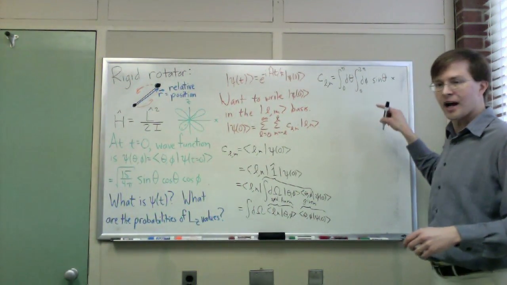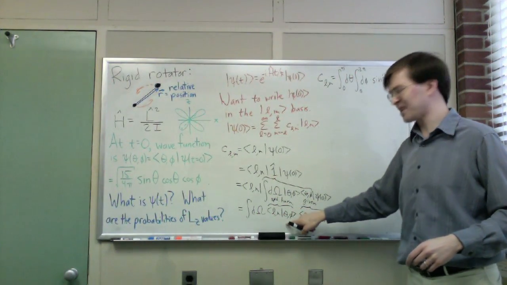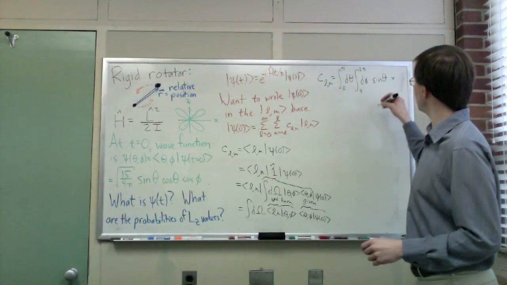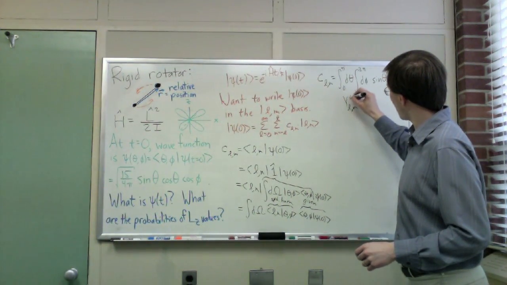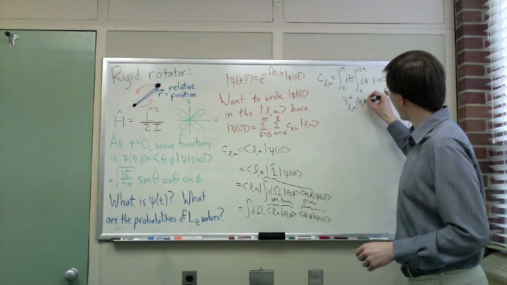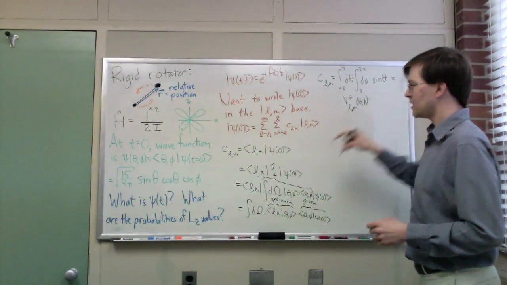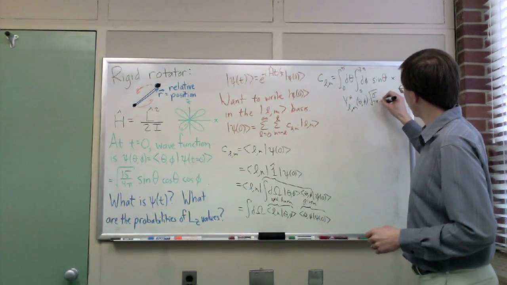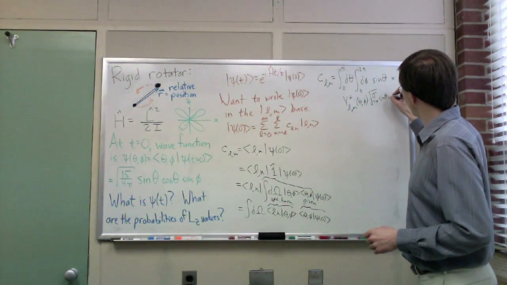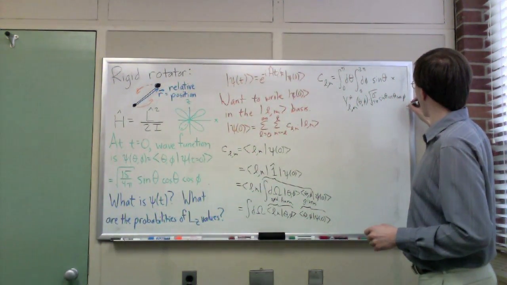Then what's inside my integrand is the complex conjugate of the spherical harmonic YLM, so this would be times YLM star of theta and phi, and I know I can find expressions for all of those, times my thing over there, my square root of 15 over 4 pi sine theta cosine phi.